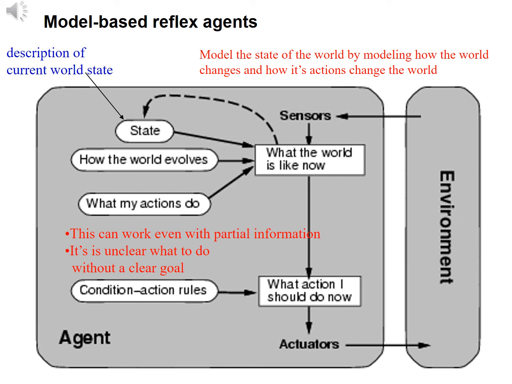But the most effective way to handle partial observability is for the agent to keep track of the part of the world it can see now. So an agent should have some kind of internal state that depends on the percept history and thereby reflects at least some of the unobserved aspects of the current state. And this kind of agent is a model-based agent.